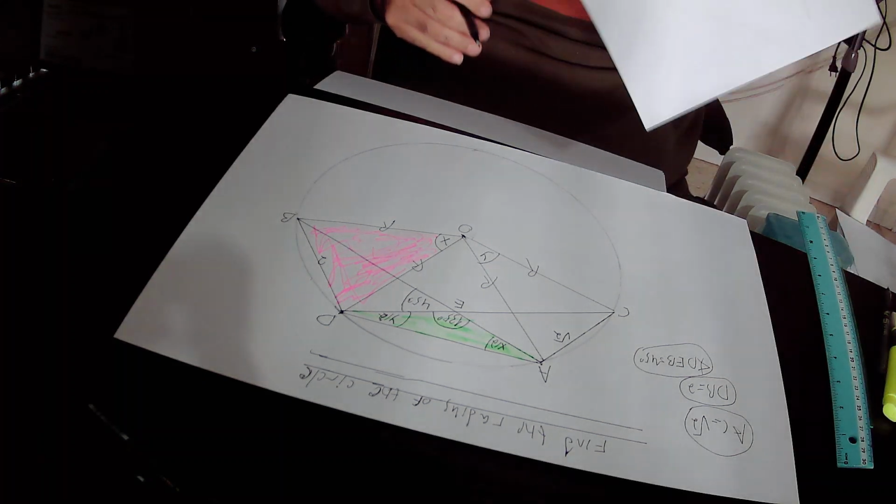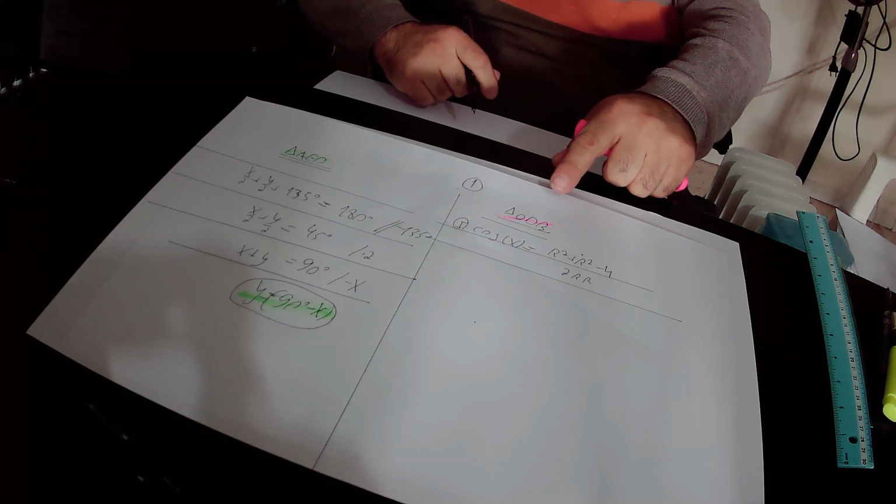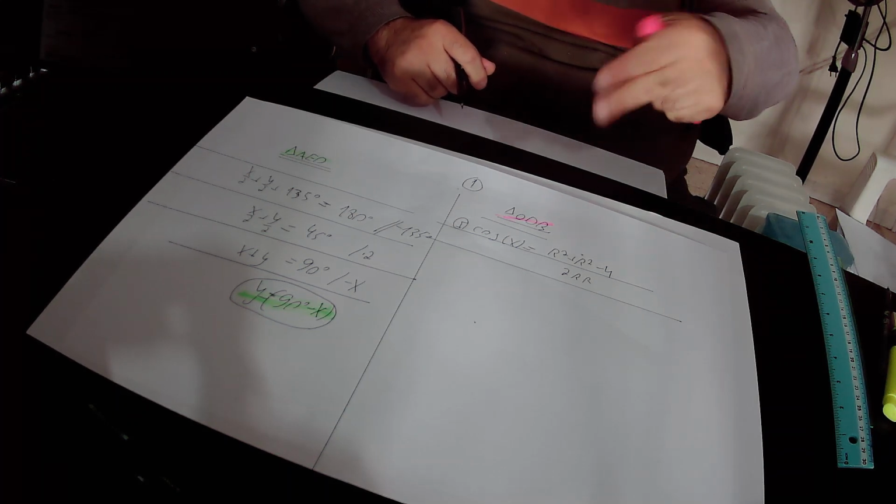So this equation number 1 is the implementation of the law of cosines on the pink triangle ODB.